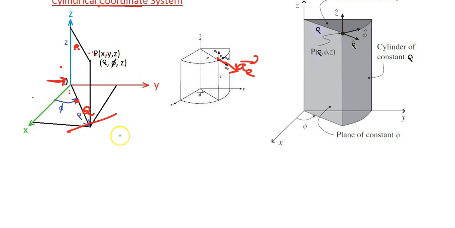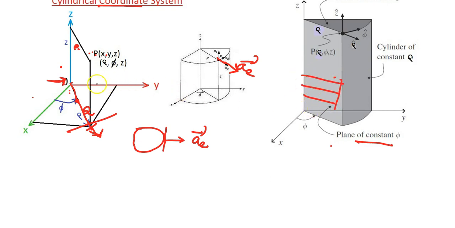So you will have a cylinder. The unit vector will be outward to the surface, perpendicular to the surface. For example, for a cylinder, the unit vector a rho is this, perpendicular to the surface of constant rho. Same way, keep phi constant and rho varies. So for the plane of constant phi, you can see this plane.